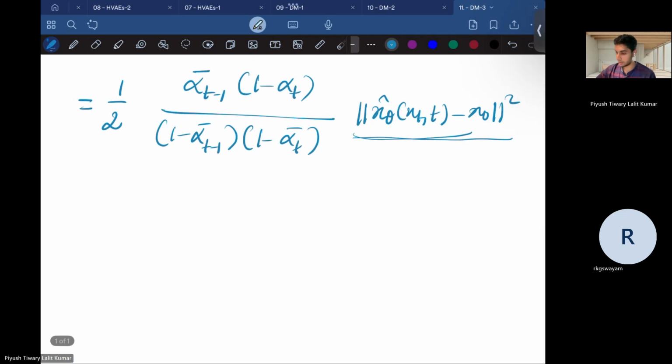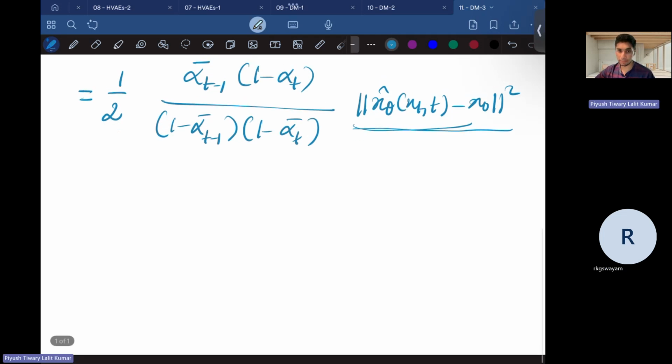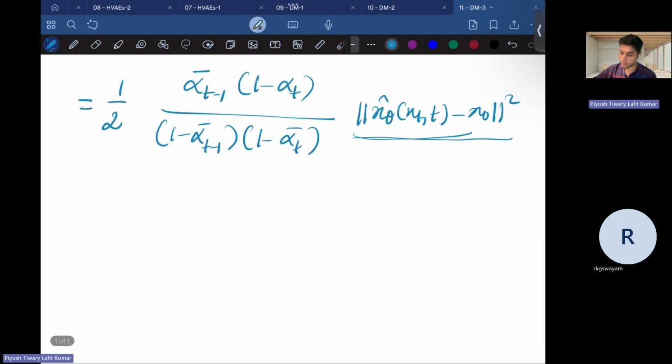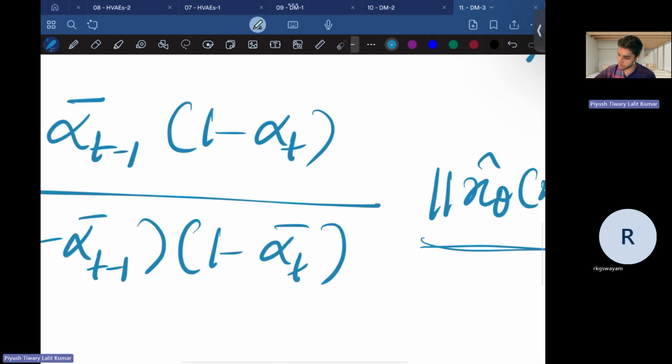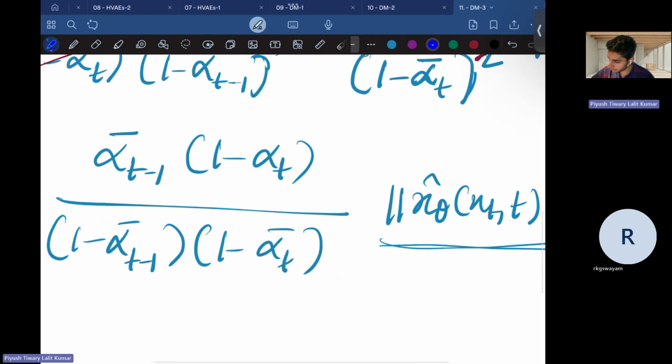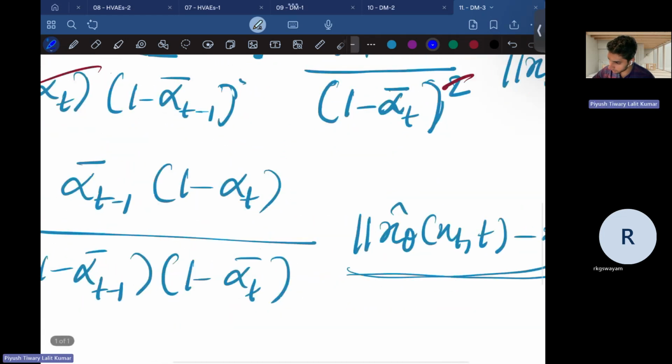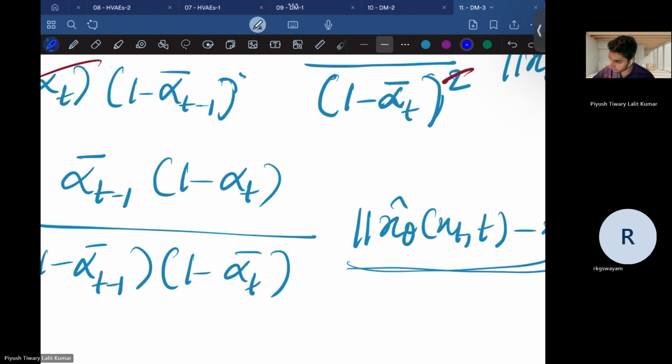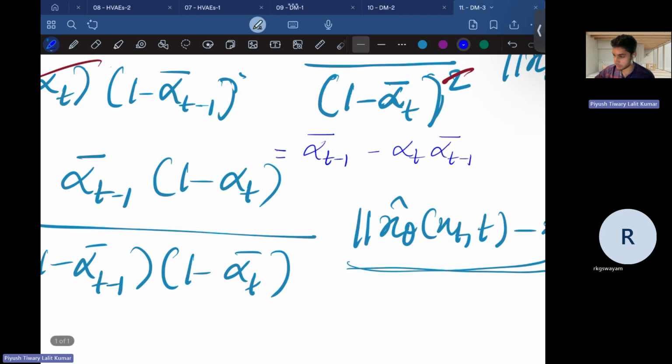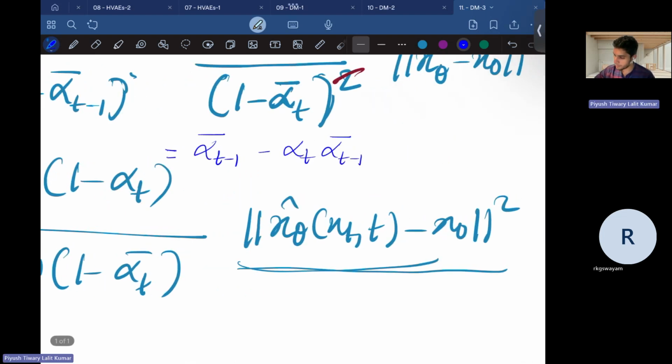Okay, if this is the case, let's try to do some manipulations. Before going there, let's do some simple things. I will again use a trick that we did a while back. This thing is equal to alpha t minus 1 bar minus alpha t into alpha t minus 1 bar. So what will this thing become?